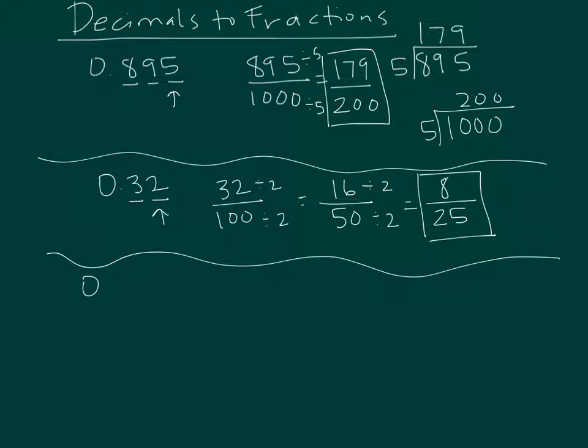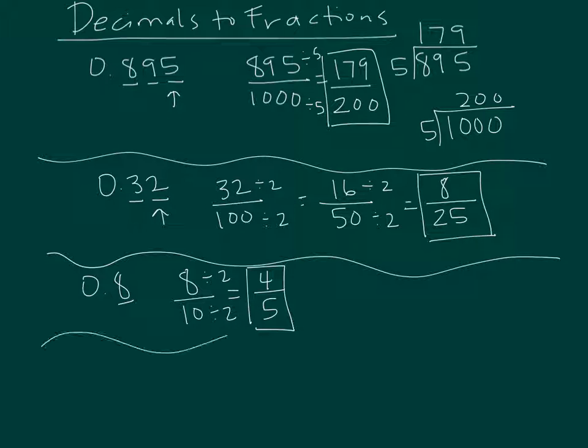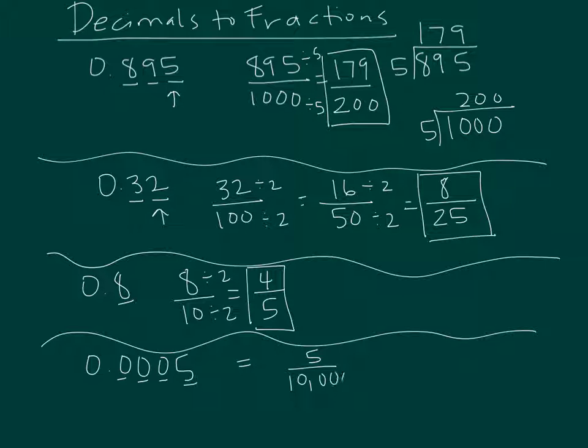Then 0.8 is 8 in the tenths place. That reduces to 4/5 because they're both even and divisible by 2. Now 0.0005. That 5 is not in the tenths, hundredths, or thousandths, but the 10,000ths place. That means you put 5 over 10,000.